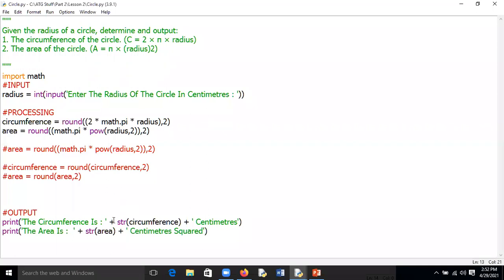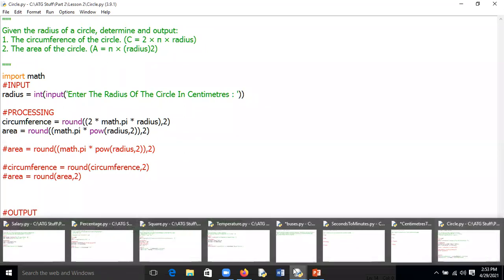We can actually even do calculations in your print statement. So you need to be very clear about your open brackets, your closed brackets, etc. That is why you'll notice that when I open a bracket, I close it immediately and then I go inside. When I put a single quote, I put another single quote and then I go inside. So that way I don't miss anything out and it's a good habit to follow.